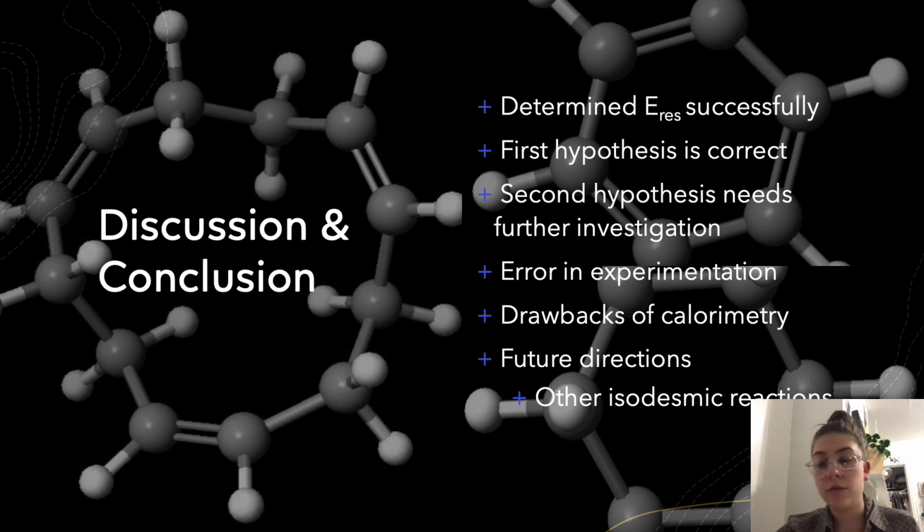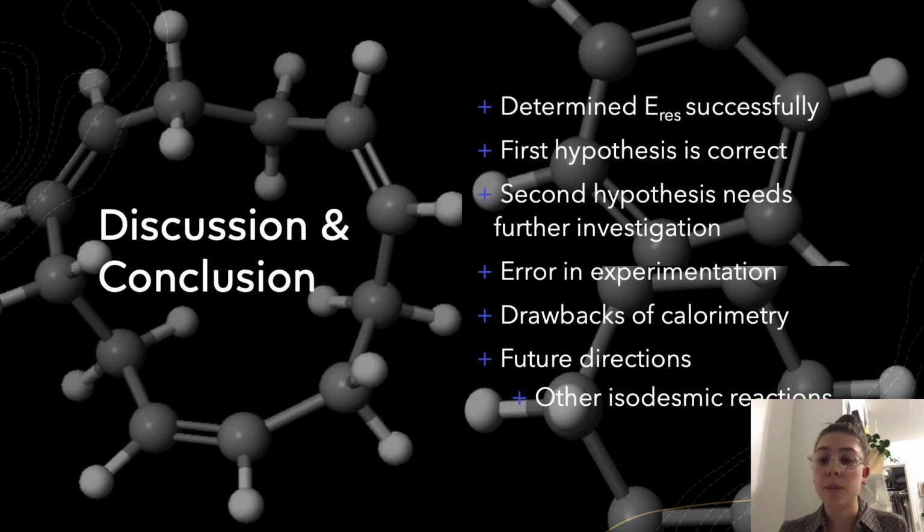So this would involve having more trials for each molecule to see if the error I got was error in my experimentation, or if it's just the standard error or difference that there's going to be between raw experimental data and Cygress experimental data.